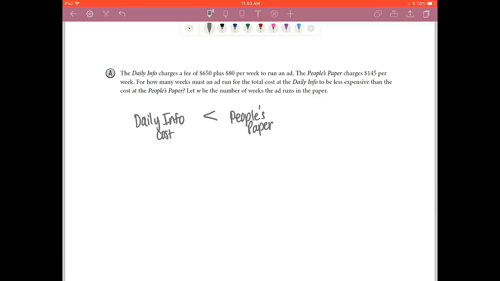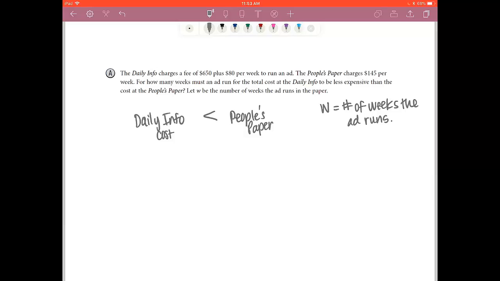So if it's going to be less expensive, that means it can't equal. One definitely has to be less than the other. And they're telling us that W is equal to the number of weeks that the ad runs. So if I'm putting an ad in, I want to save as much money as I can.